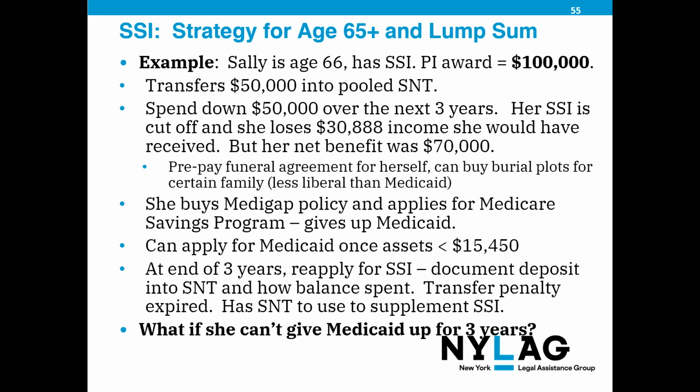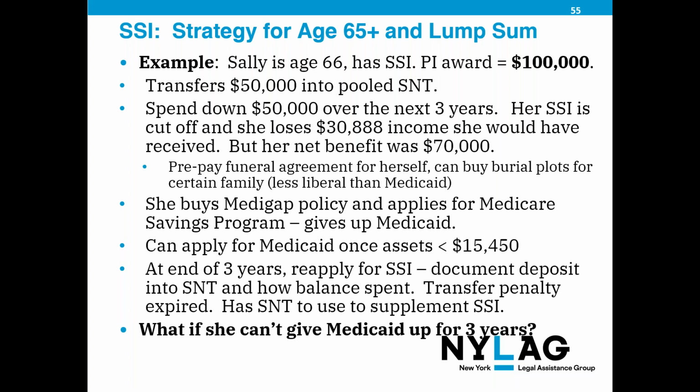She knows her SSI is going to be cut off. But she now has 50,000 in cash she's very happy about, and she can spend that down over the next 3 years. She'll lose the 31,000 in income in SSI, but she figures, look, I'm saving 70,000 out of this 100,000. So that's worth it to me.